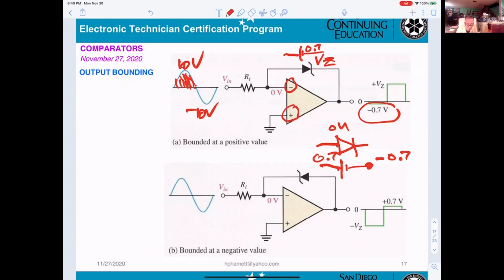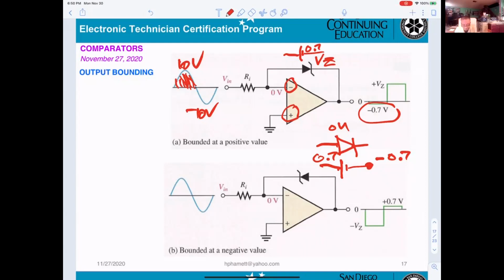If you get a positive 10 volts, which one is higher?